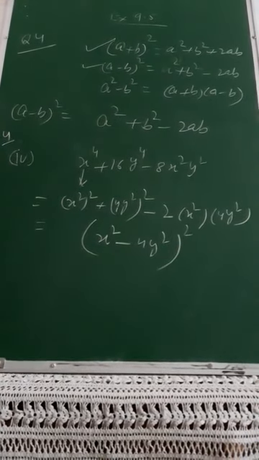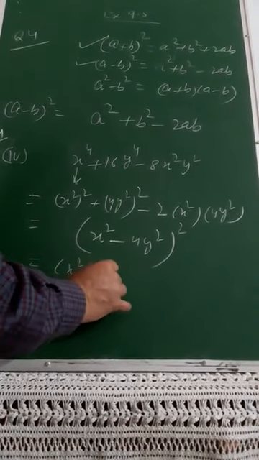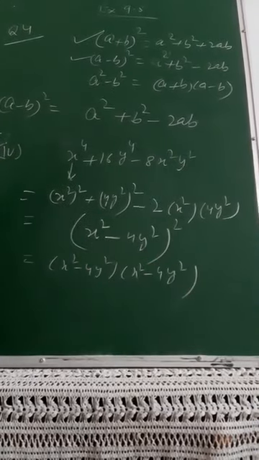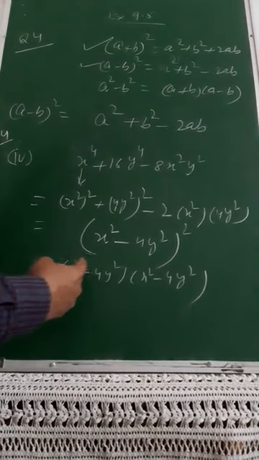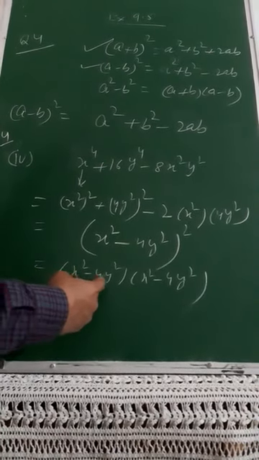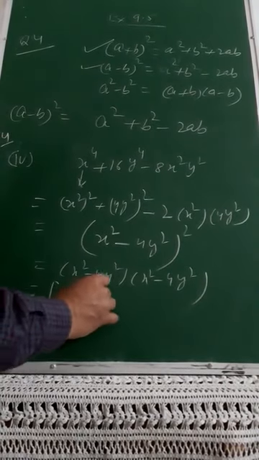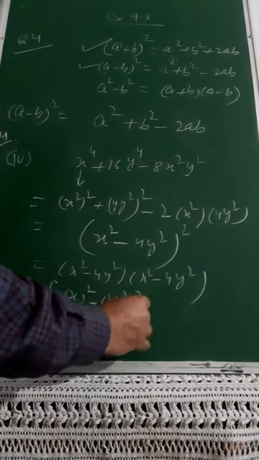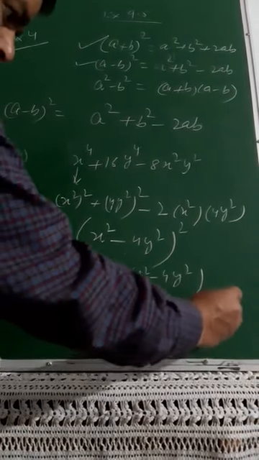Now what happens? Here you see this is coming now (x square minus 4y square) into (x square minus 4y square). But if you keep a check here, again these two are perfect squares and are lying in the form of a square minus b square. So what you have to do, use this bracket, write it as x square minus, 4y square itself is the square of 2y, so x square minus (2y) whole square.